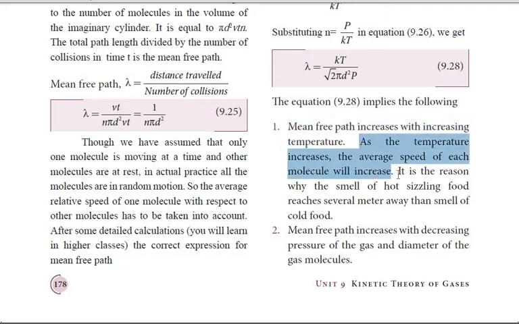This is another important point: temperature increases means the average speed of molecules increases. It is the reason why the smell of hot sizzling food reaches several meters away compared to the smell of cold food.